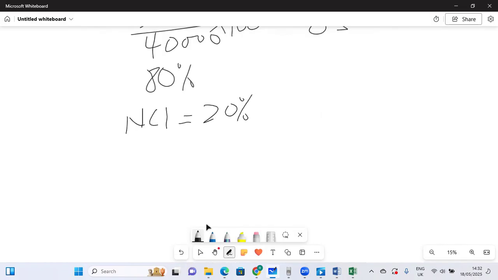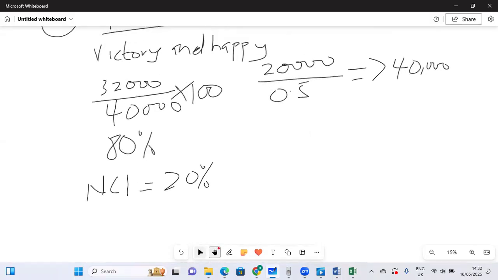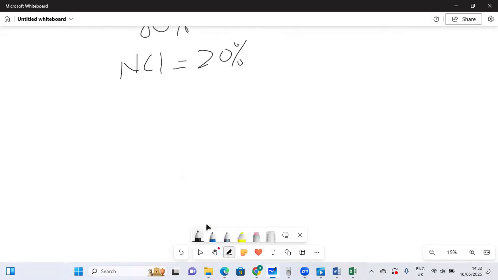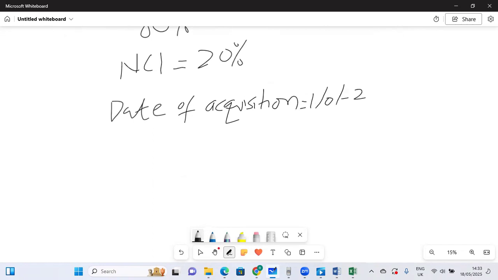Now with this one, date of acquisition is going to be 1st January 2012.